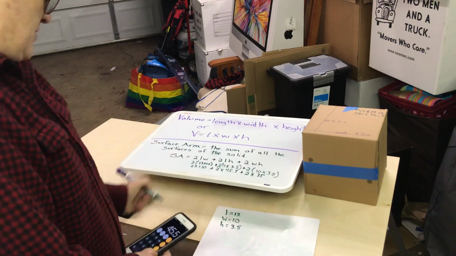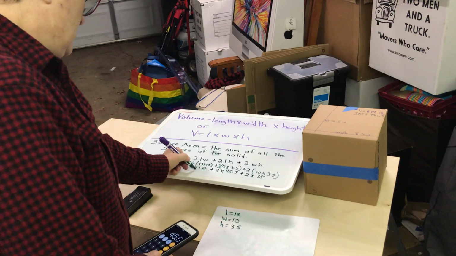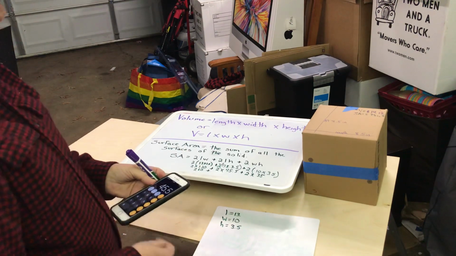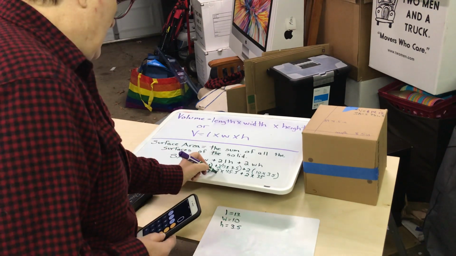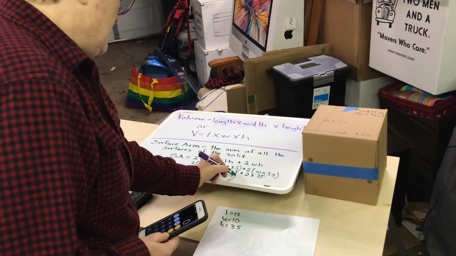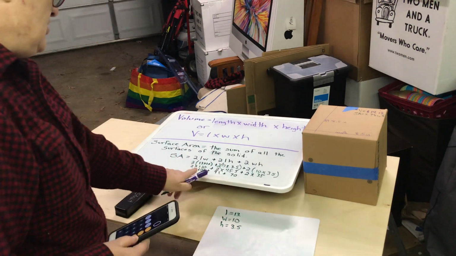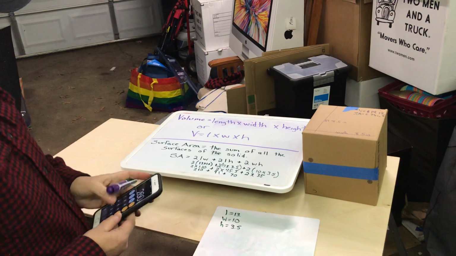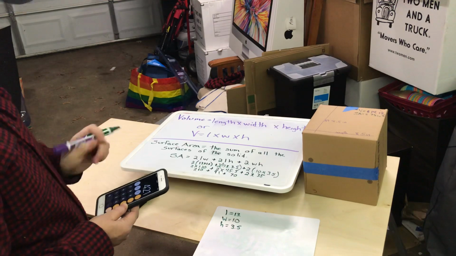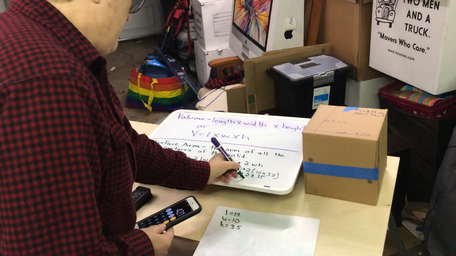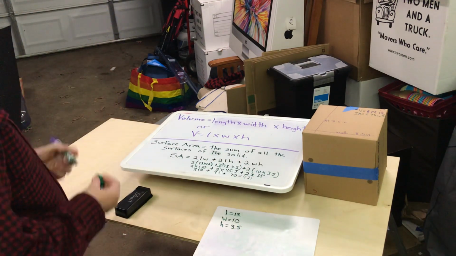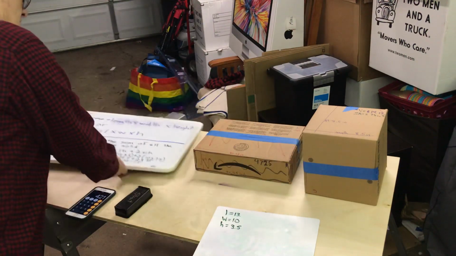So 2 times 130 is 260, plus 2 times 45.5 is 91, plus 2 times 35 is 70. And when we add 260, 91, and 70, we get 421. And that is the surface area for our thin box.